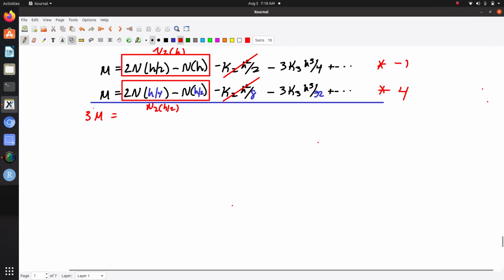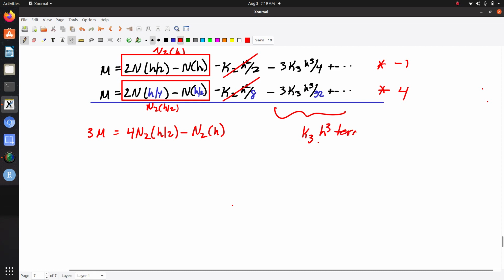Okay, so what we get is 3m on the left, and we're going to get 4 n2 of h over 2, minus n2 of h, and then we're going to get k3 h cubed terms coming down, and you can only do so much.